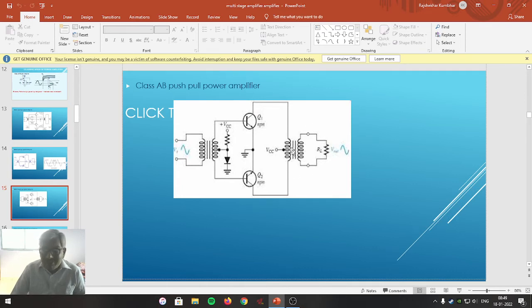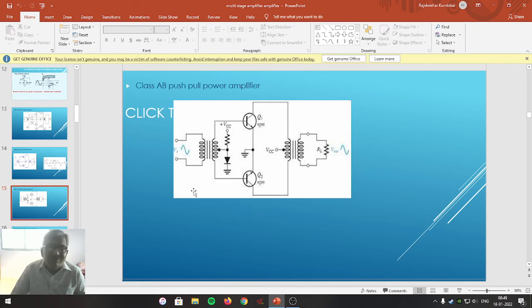Across the secondary winding of the output transformer, a load resistance RL is connected, across which we can get the required power at the cost of allowing current to pass through that particular load. Generally, this load may be a headphone or a speaker. Such a circuit configuration, we call the class AB push-pull power amplifier.